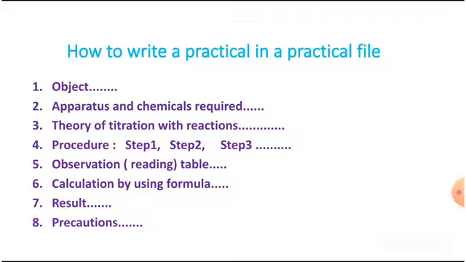Write step 1, step 2 and step 3 of titration, then write observation table and calculation by using formula. And lastly, write the result of the titration, means the strength of the given copper sulfate solution in gram per liter, and write a few points of precautions.